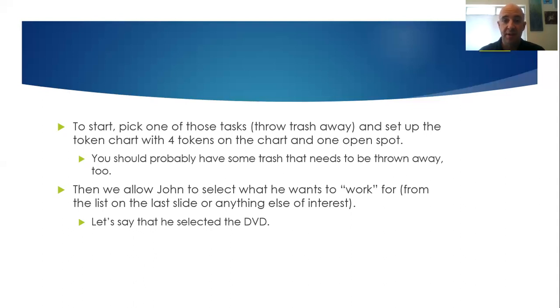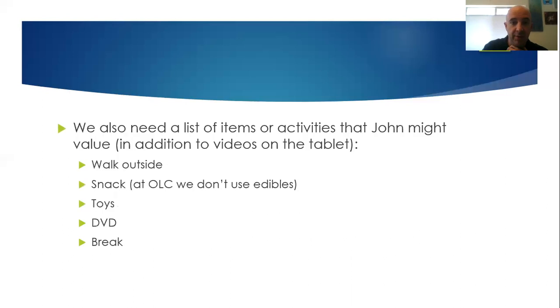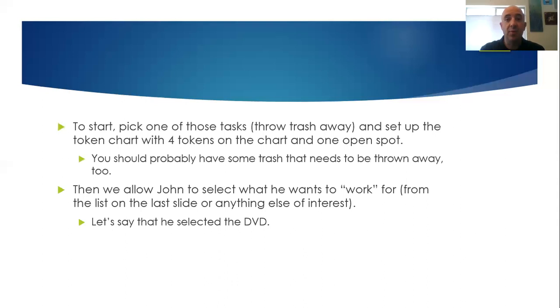We don't want him to just be forced to do this and get access to something we choose. Depending on your learner, you might have a choice board, an assistive tech like a tablet, or you might be able to do it vocally, but you want to give them a choice so they can identify what they want to work for.